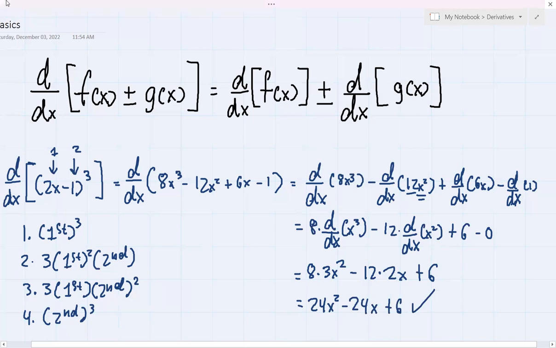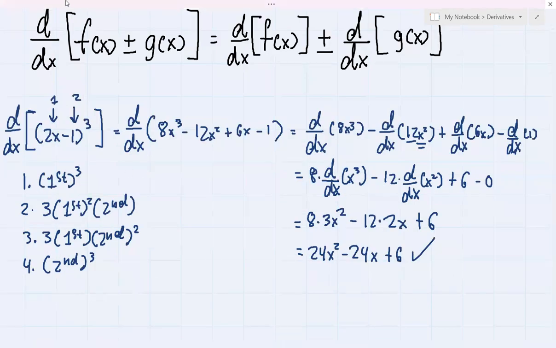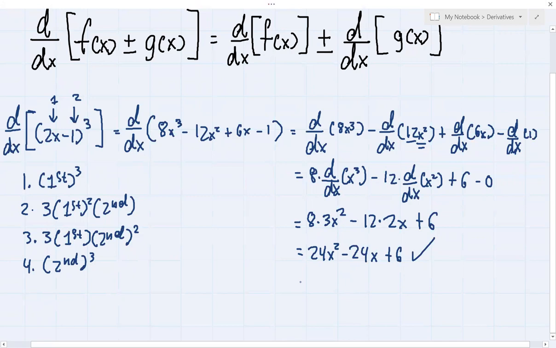Okay? Or we can simplify it further. We can. Okay? Because in here, 24x squared, negative 24x, and 6, all three of them are divisible by 6. So their greatest common factor is 6.